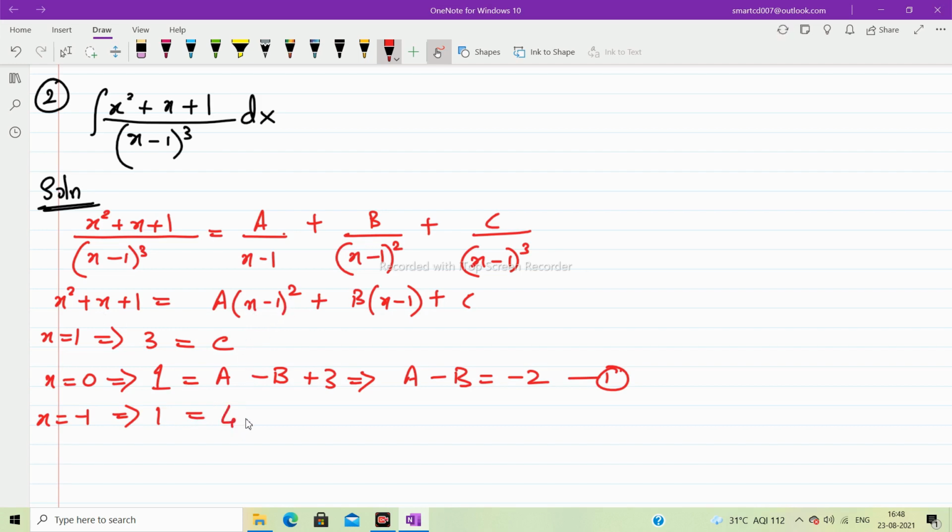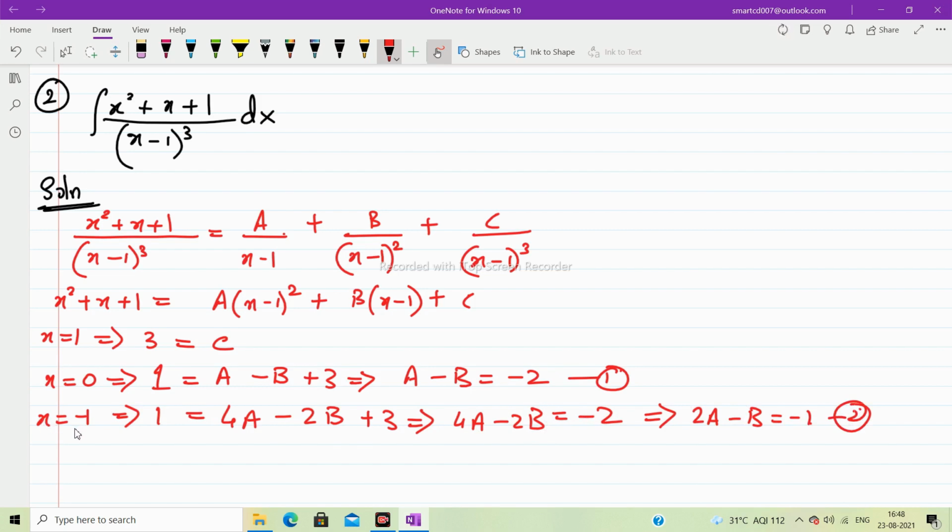So 4a, and this will be minus 2b plus c. C is 3, so I get one more equation. So I have 4a minus 2b is equal to minus 2. If I divide by 2, I'll have 2a minus b is equal to minus 1. So I get equation number 2.